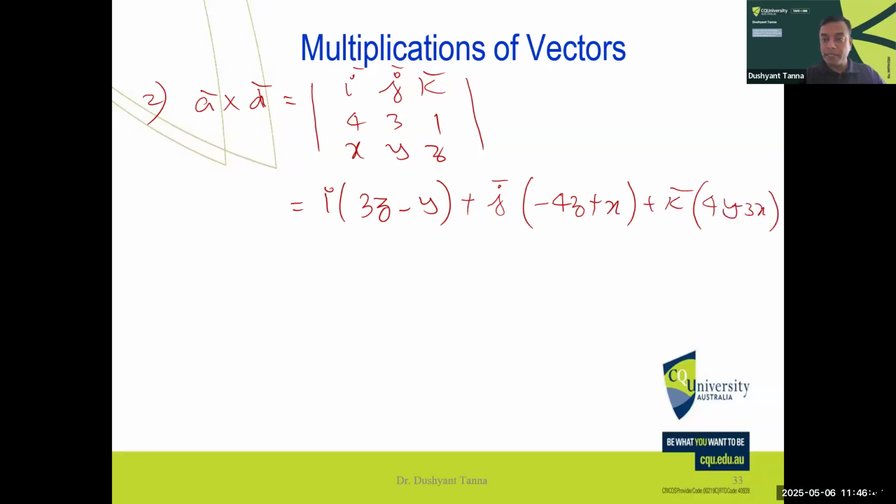Just write it clearly so minus is visible. This is my A cross D.